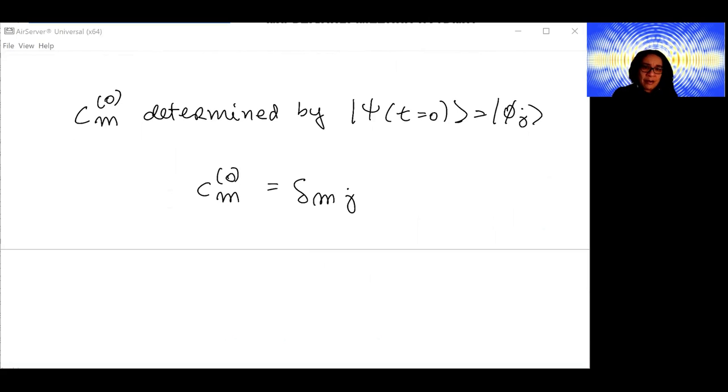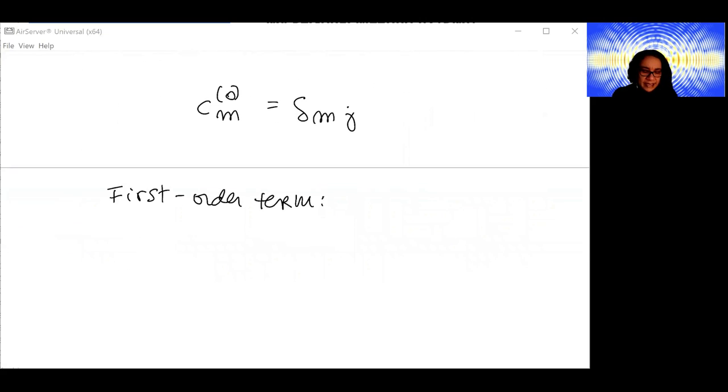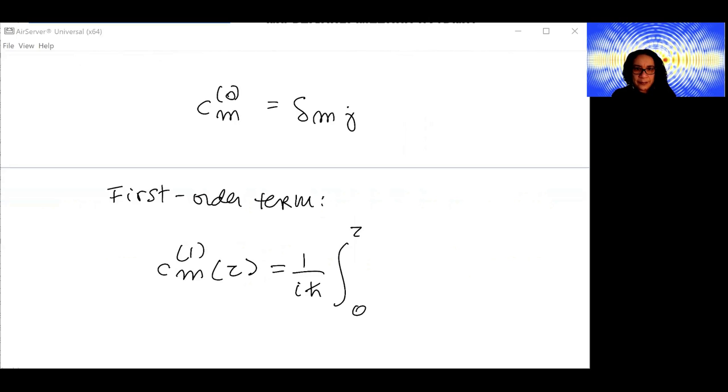Now, how about the first order term? The first order term is given by C_m^(1)(tau), whereby tau is when we perform the measurement: 1 over i h bar, integral from 0 to tau, dt V_mj(t) e to the power i omega_mj t.